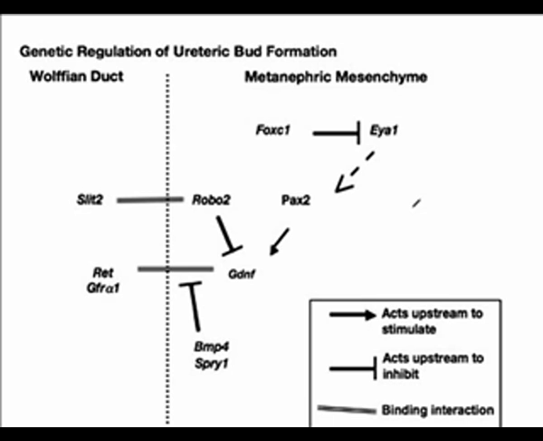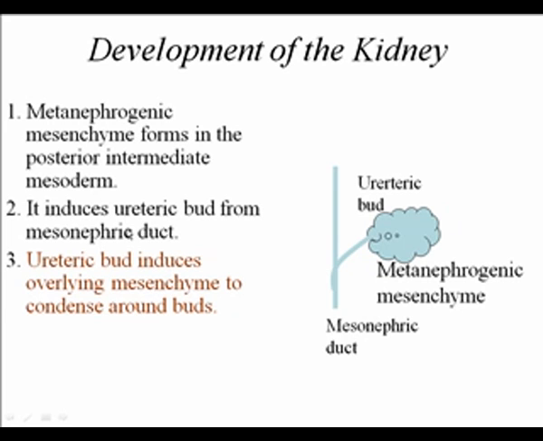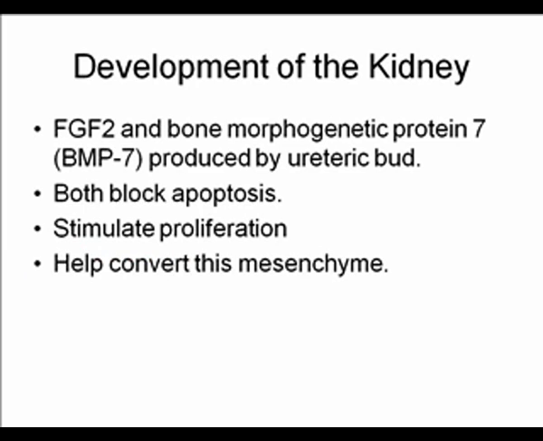And that ureteric bud then will begin to divide. The ureteric bud not only divides, but then it has a reciprocal induction upon the mesenchyme. And it's going to cause that mesenchyme to condense around each of the branches. Some of that is a result of fibroblast growth factor being produced by the ureteric bud, as well as bone morphogenetic protein 7.